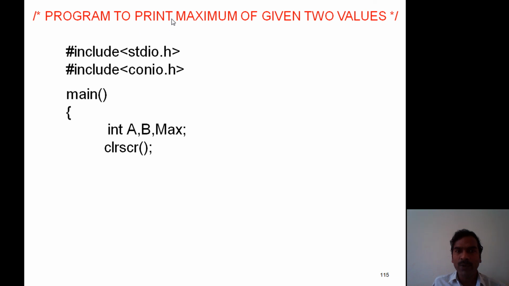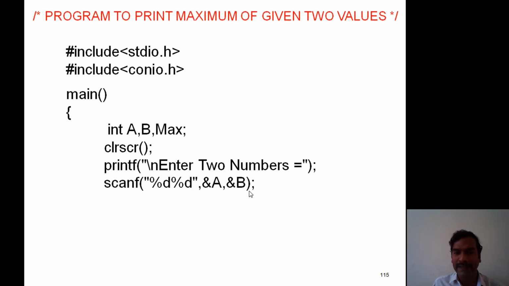We are interested in printing the maximum of two given values. So for this problem statement, the input is two values. Hence first read two input values. So enter two numbers. Assume these two values are A and B. Now imagine how we identify which is the maximum value.